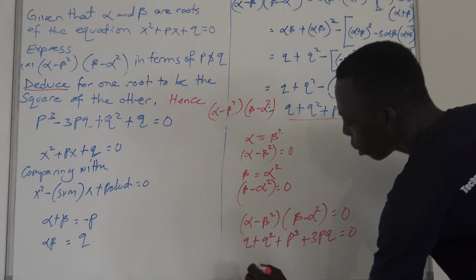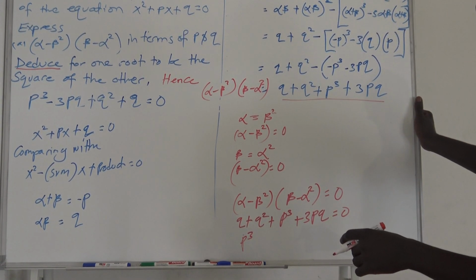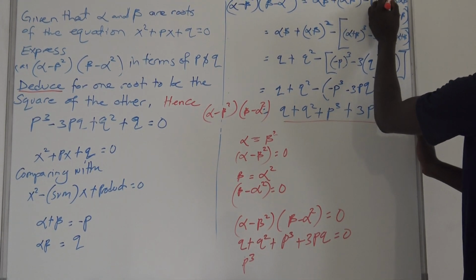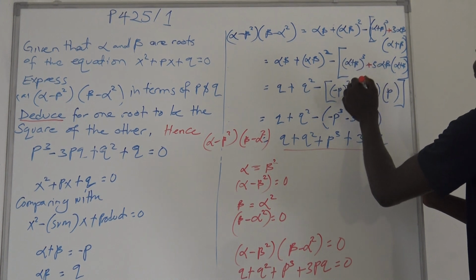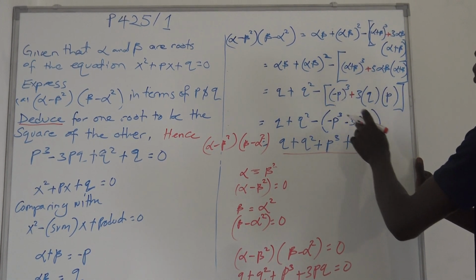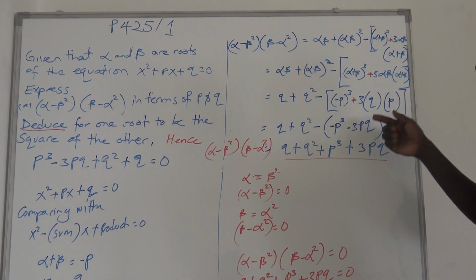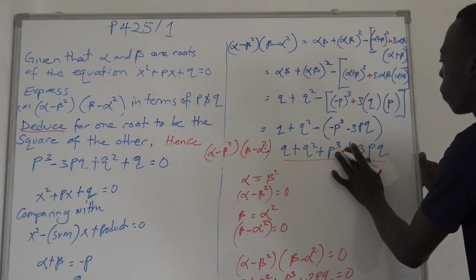We start by this one, which is p cubed. This one here was a plus, so it was a plus here like this. So for this case, when you multiply the negative, this one will become a negative, not a positive.